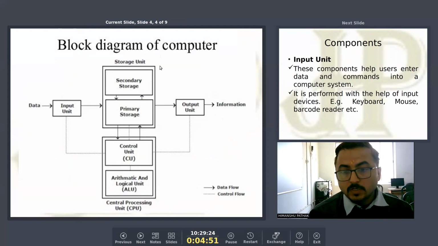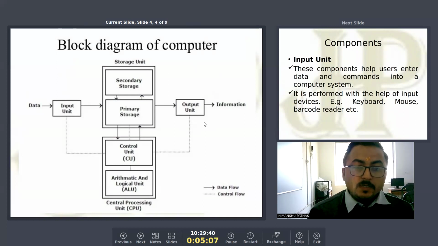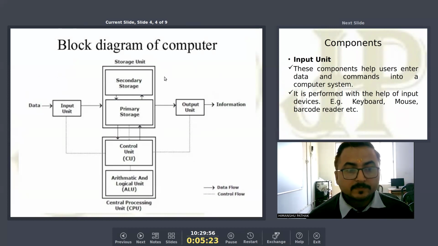There are four basic components: the input unit, through which you can enter data to the computer; the output unit, where the result can be shown to the user; the processing done on the data by the CPU; and if you want to store the data, a storage unit is needed. So let's take each of them one by one.